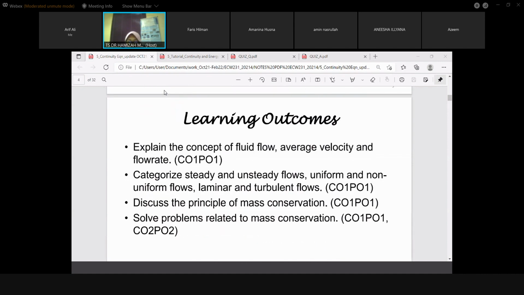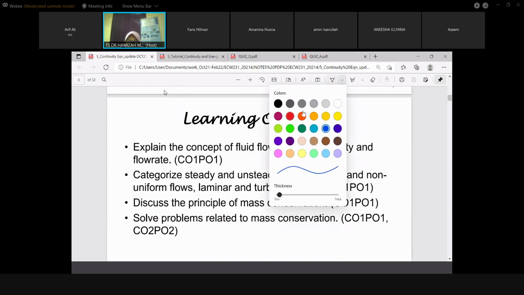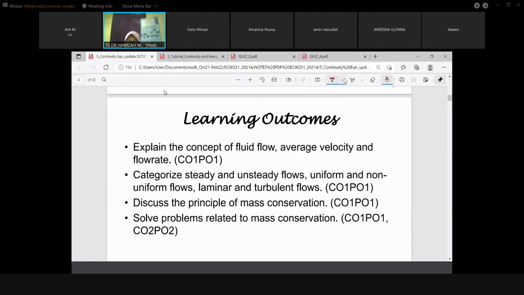Okay, a little bit on the learning outcome of this topic. What you should understand or learn from this topic. You must be able to explain the concept of fluid flow, the average velocity and also the flow rate. Okay, flow rate is Q. And also you must be able to categorize and differentiate between the steady and unsteady flow, uniform and non-uniform flow, and also laminar as well as turbulent.